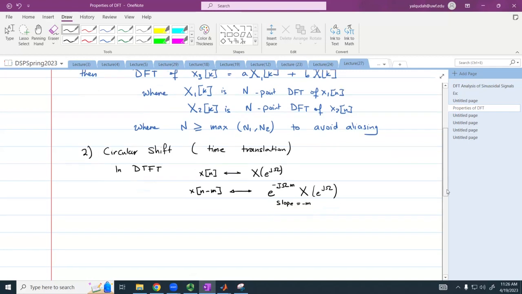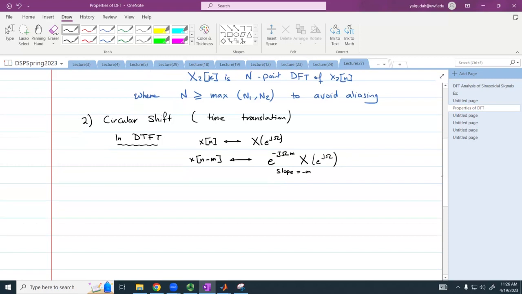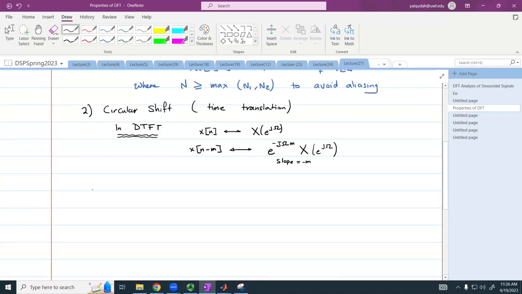Now we're going to see what this corresponds to in the discrete Fourier transform. So again, this applies to the discrete time Fourier transform. So let's see what happens with the discrete Fourier transform. In the discrete Fourier transform, in order to introduce the circular shift, we have to define the circular shift.